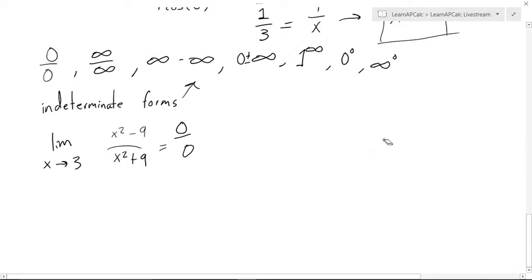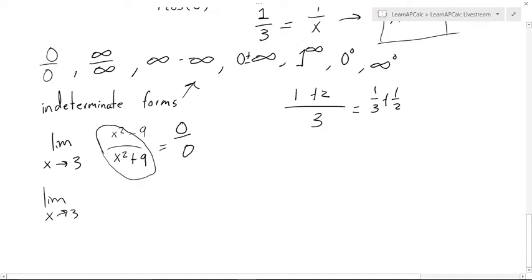So what we should do instead is look at seeing if we can pull terms out and evaluate this limit separately. So if you remember anything about fractions, you would know that 1 plus 2, like let's say 1 plus 2 over 3, is equal to 1/3 plus a half. I can sort of divide this term like so and rewrite it like that. Let's try that for this limit. So I'm going to take x squared plus 9 and divide it by x squared.